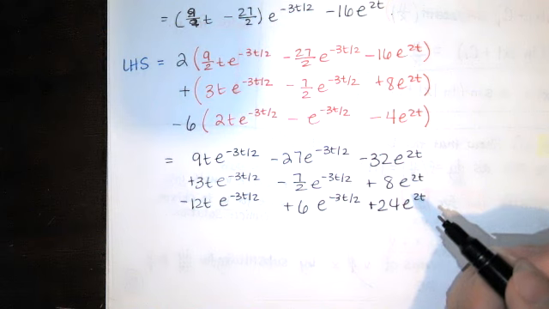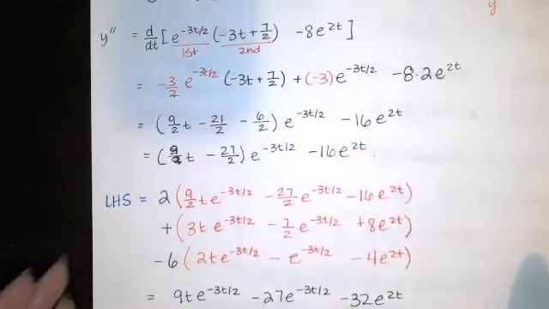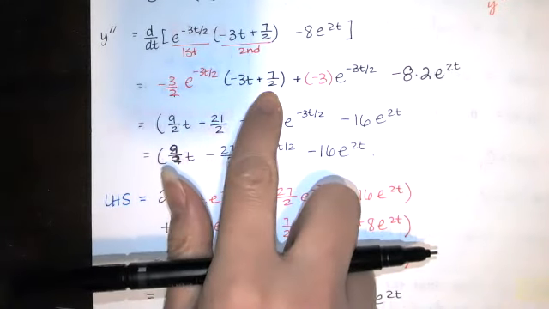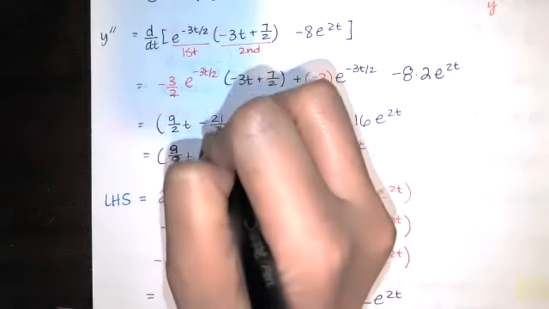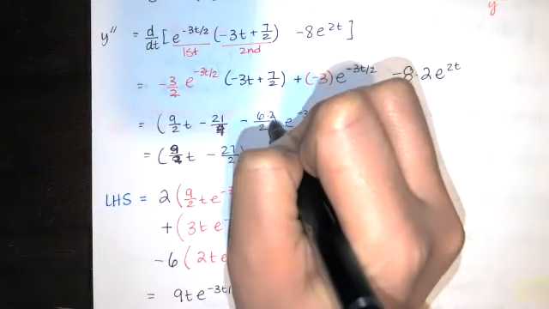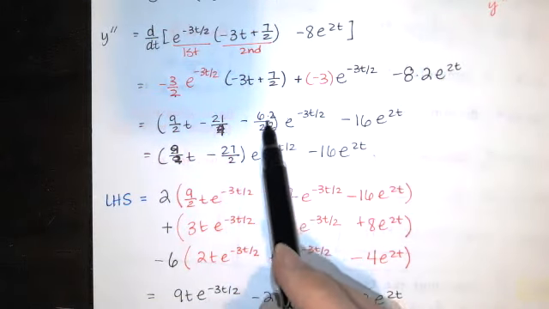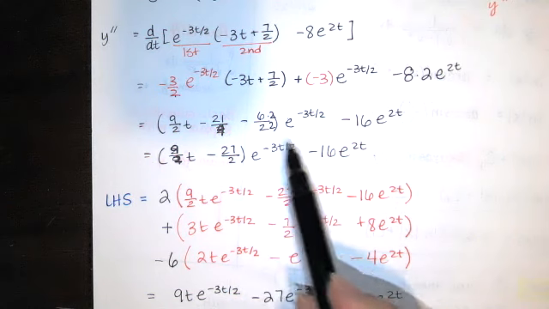Oops, and actually I see a mistake that I made from earlier. When I took this negative 3 over 2 and multiplied it by the positive 7 over 2, I should have gotten negative 21 over 4. And then to get a common denominator here, I need that to be a 12 over 4 to give me the negative 3.